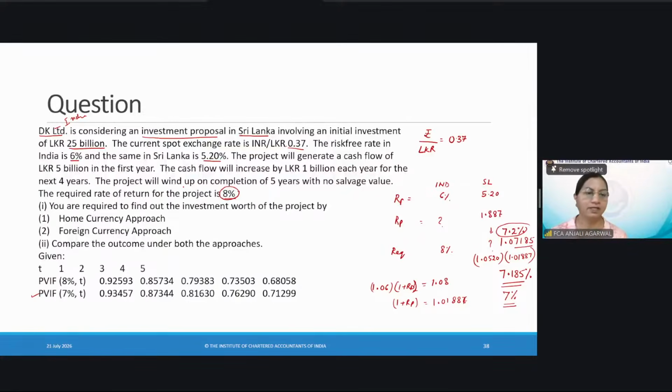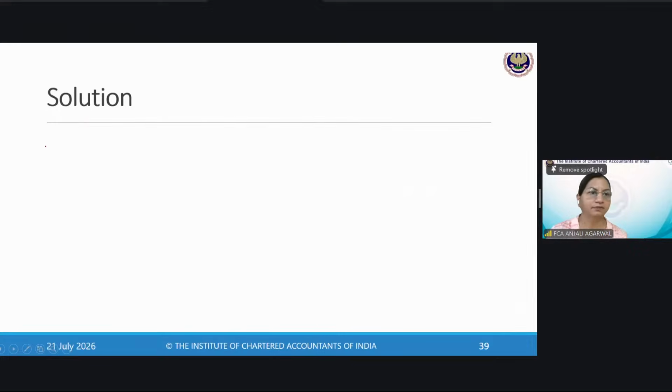So particularly in Sri Lankan currency, year 0, 1, 2, 3, 4, and 5, 25 billion is the outflow.